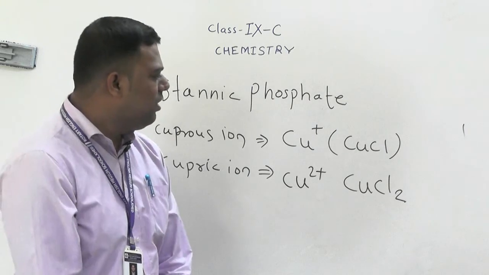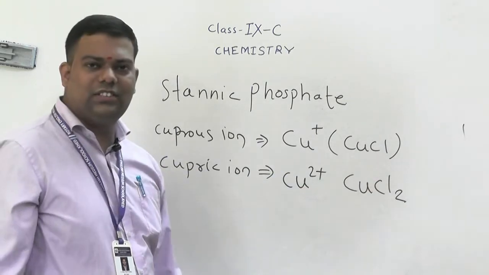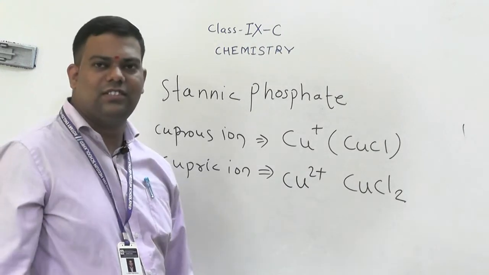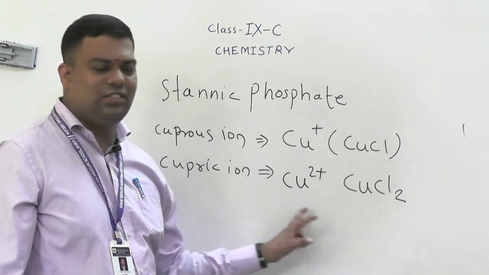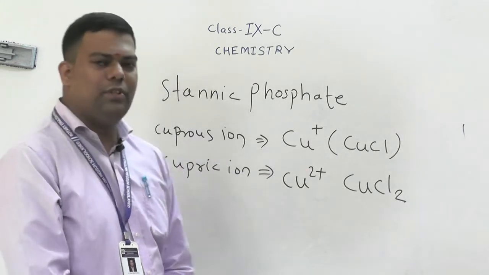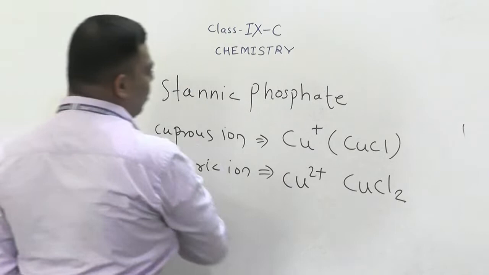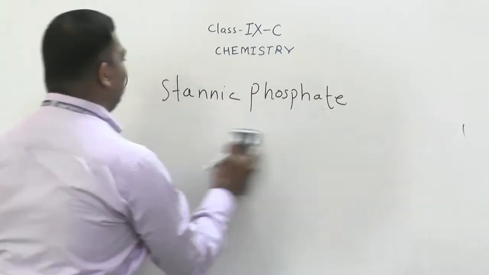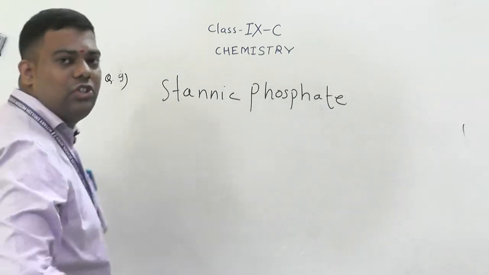So Cu+ with Cl minus, and Cu2+ with Cl minus. Understood? The difference is that cuprous means plus 1 and cupric means plus 2. These are ions.